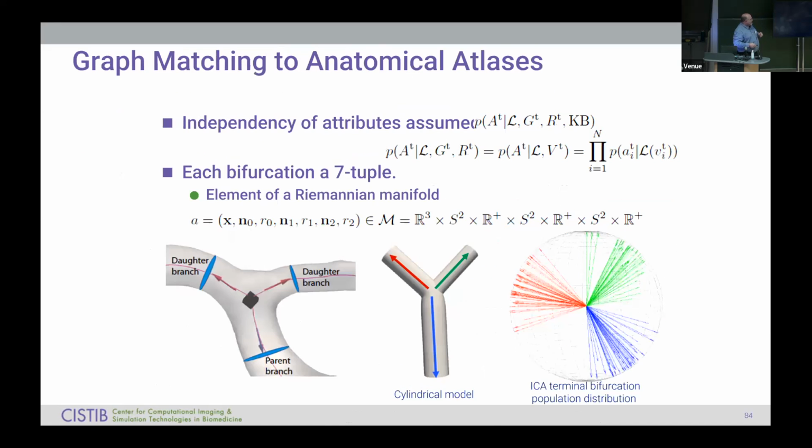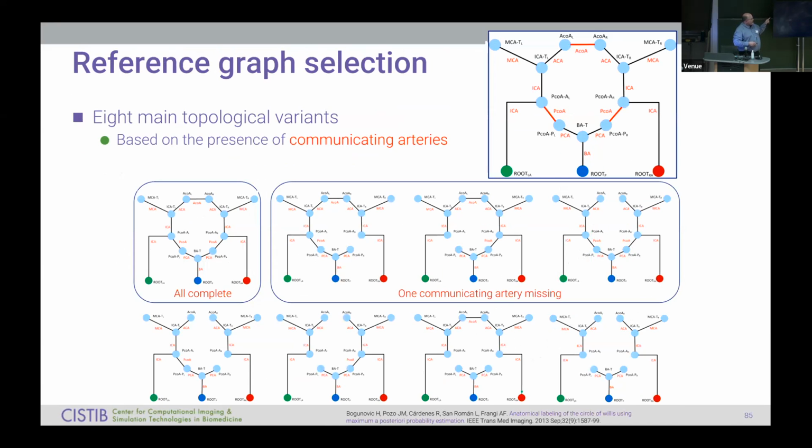Now, there is a problem. We did that with some techniques, but the challenge is there isn't just one graph that is physiologically correct, anatomically correct. There are like 13 variants of the circle of Willis, with some missing vessels which are not there when you're born, but you're okay.